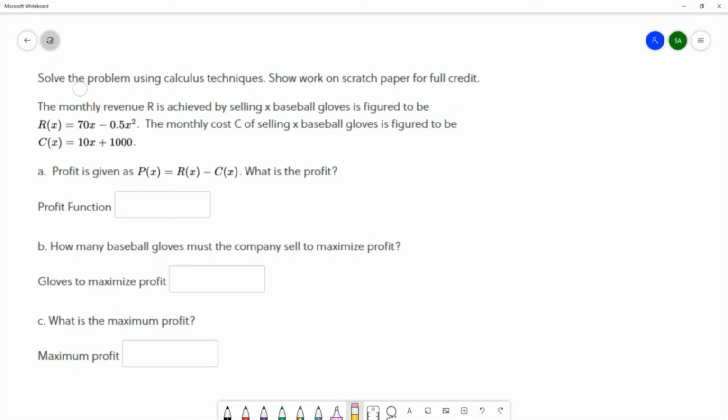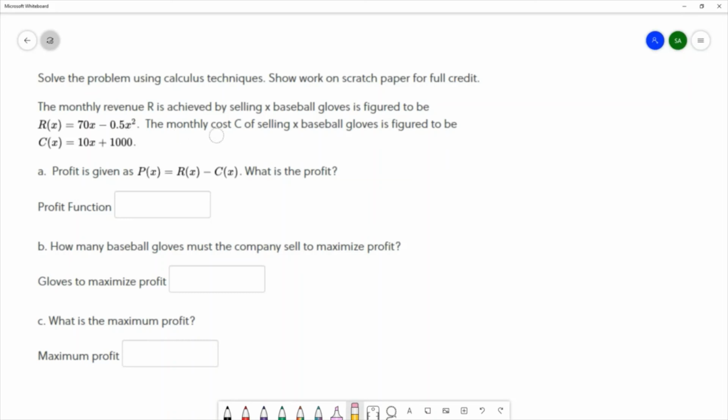For this question, we want to solve the problem using calculus techniques. We're going to show the work on our scratch paper for full credit. The monthly revenue achieved by selling X baseball gloves is figured to be R of X equals 70X minus 0.5X squared.